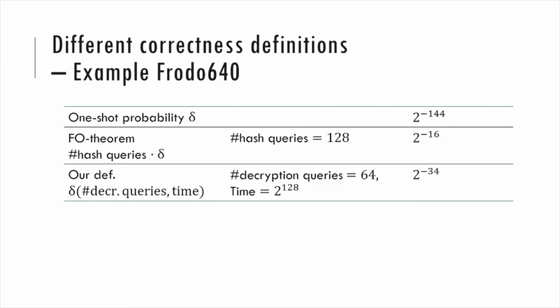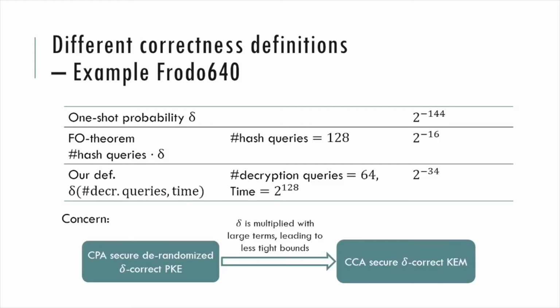Our delta QDT definition gives a smaller probability of 2 to the minus 34. We are concerned about this. In the Fujisaki-Okamoto reduction from the CCA security to CPA security, delta is multiplied with rather large values. Hence, the security reduction for these specific parameters is less tight. Let me emphasize, however, that there is no known attack that would exploit this gap.